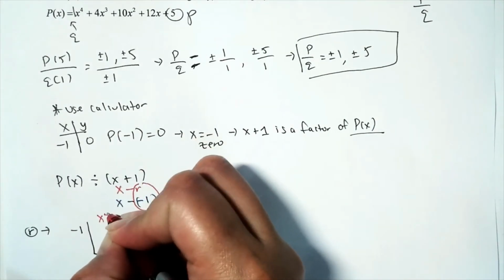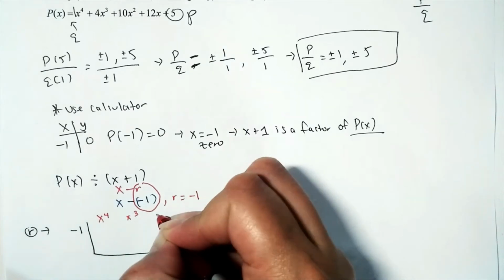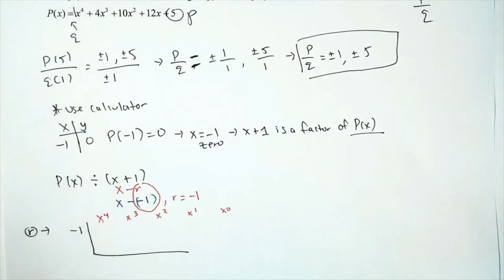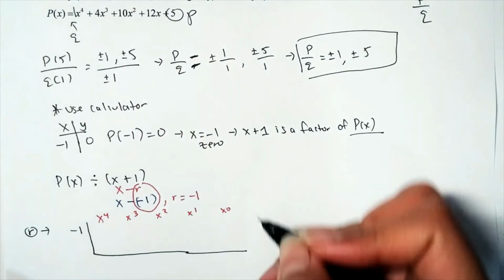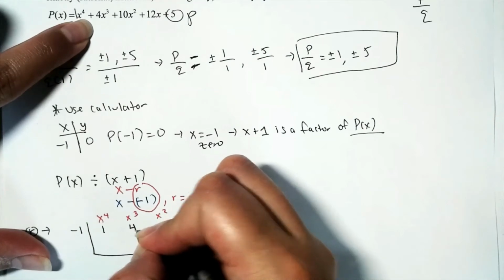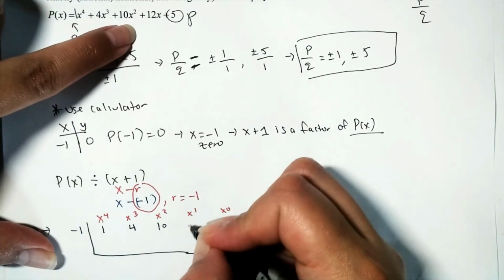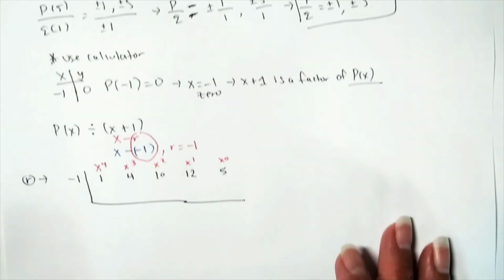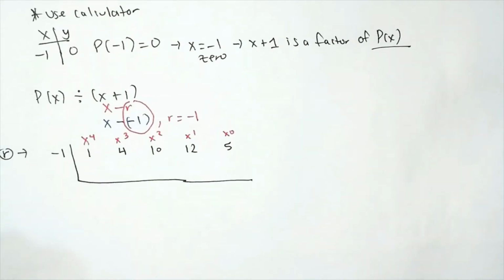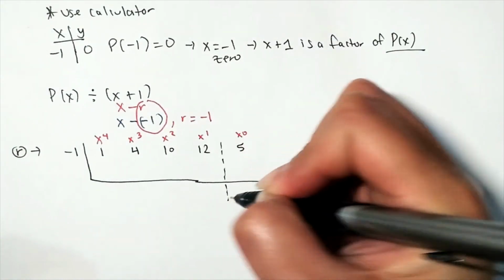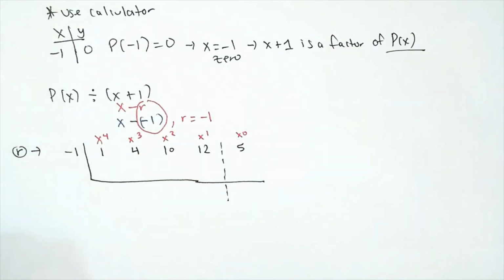So we should have an x to the 4th, x to the 3rd, x to the 2nd, x to the 1st, constant. The coefficients are going to be 1, 4, 10, 12, 5. So we didn't need any 0 placeholders. Okay, this is too low, so let me zoom in. Let's separate the quotient from the remainder, and let's do the math.